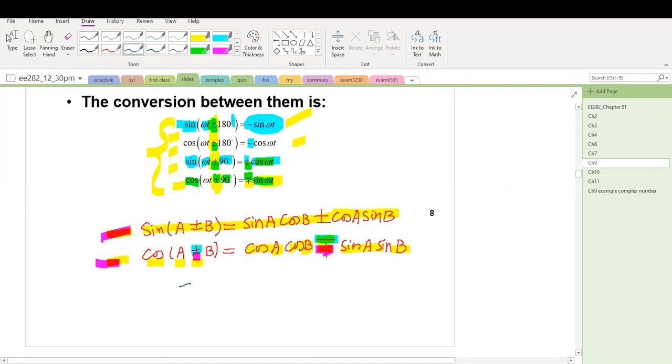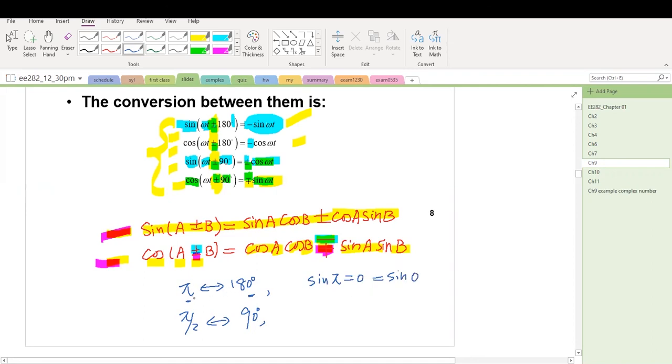Others, we have this relationship: π radians corresponds to 180 degrees. So this is radians, this is degrees. And π/2 corresponds to 90 degrees. We also have sin π equals 0, which equals sin 0.